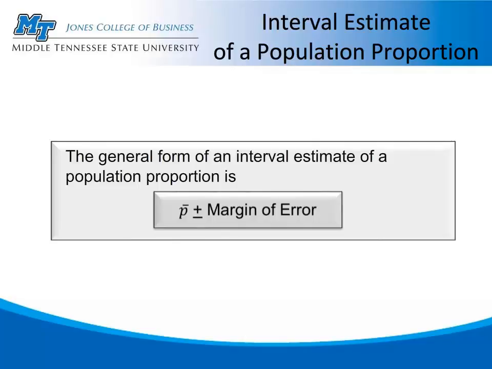The margin of error is going to be the z-value times an approximation for the standard error of the proportion. The way that you get the approximation is you take the square root of P bar times 1 minus P bar over n. We're not able to actually use the standard error of the proportion because we're trying to estimate P and we don't know what it is.